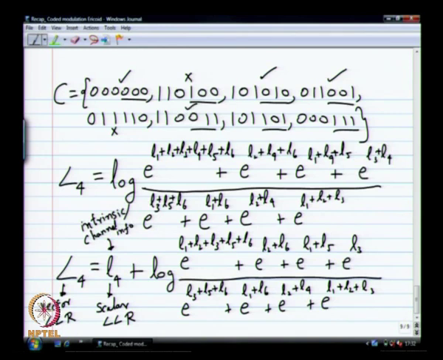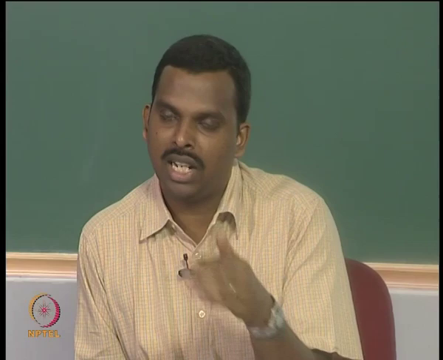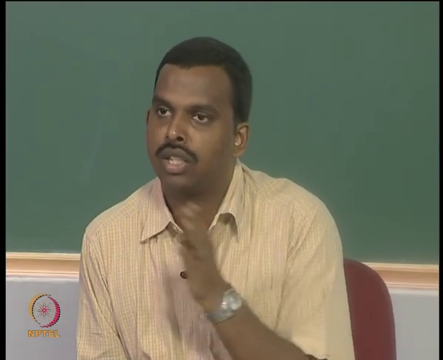Okay, so in fact L4 has nothing to do with the code itself. Okay, right, you are looking at R4 and computing the likelihood for C4 without taking into account the coding at all. So, it is just intrinsic to that channel, whatever the channel is telling you about C4. Okay, at that point you are only using the channel information. Okay. Likewise, you have all the small L's, which are all intrinsic channel informations about each of those bits.